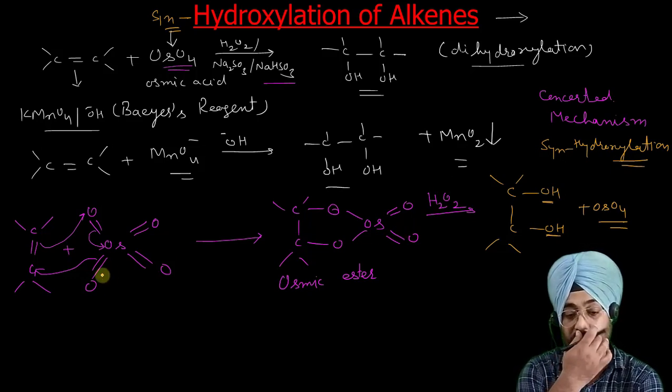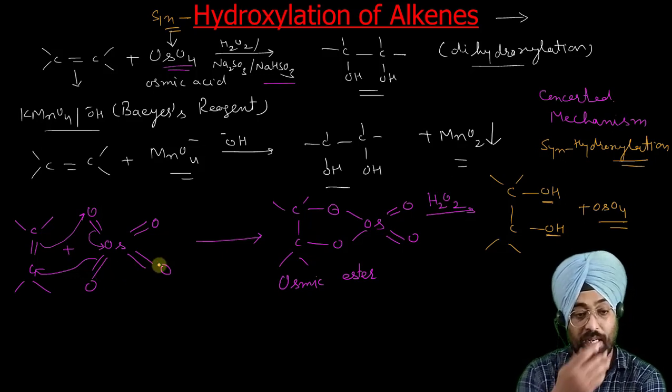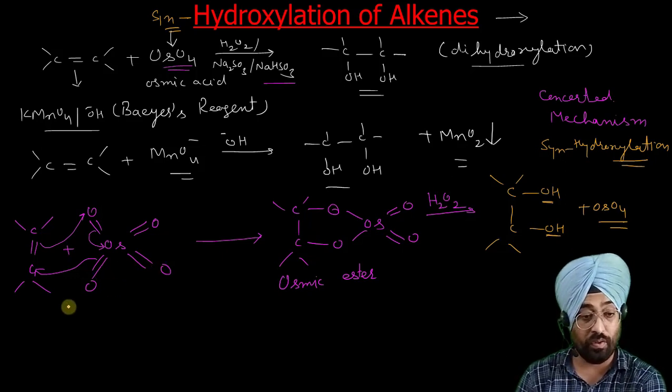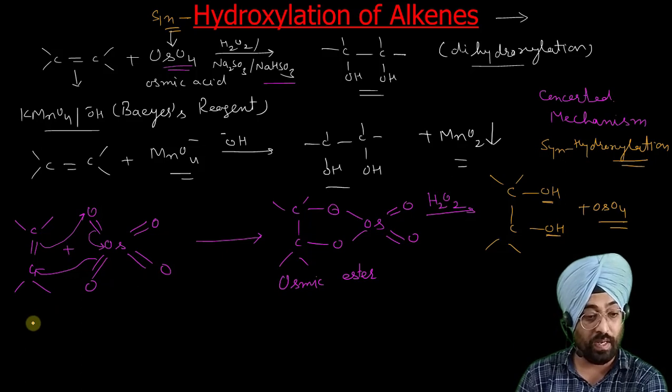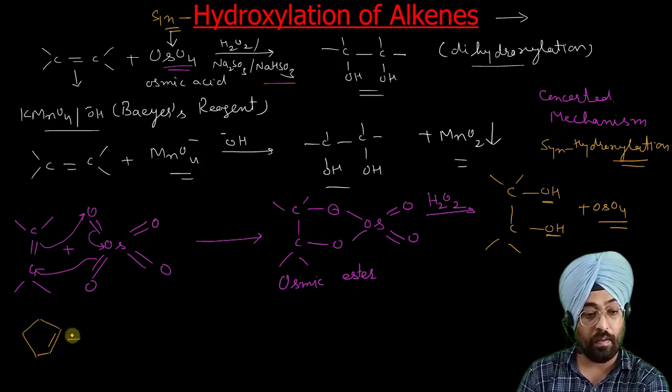The mechanism for permanganate and OH negative is exactly the same, but first let us see their stereochemistry. Suppose we have to react this cyclopentene with osmium tetroxide and hydrogen peroxide.